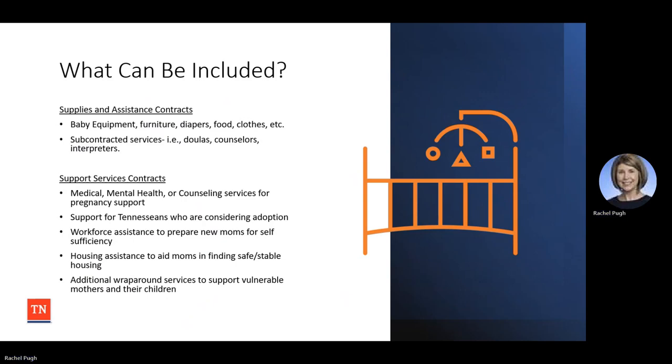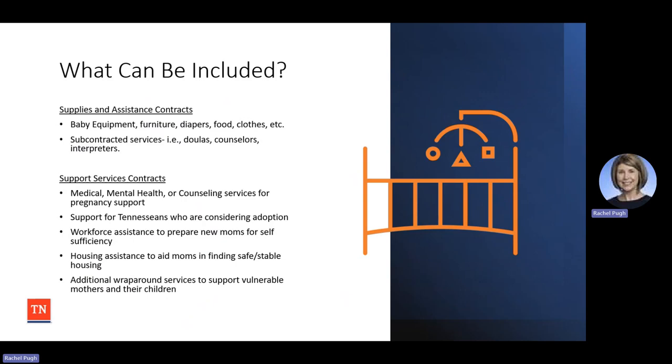For support service contracts, those are the $1 million contracts, so much larger. And so that gives you the ability to still keep the supplies and assistance aspect like you do with the smaller grant, but you can go one step further and provide additional services. So for priority areas, the support service contracts should have a focus on the priority areas listed on this slide.